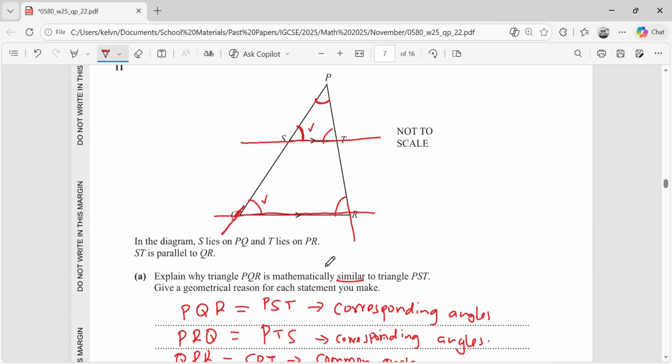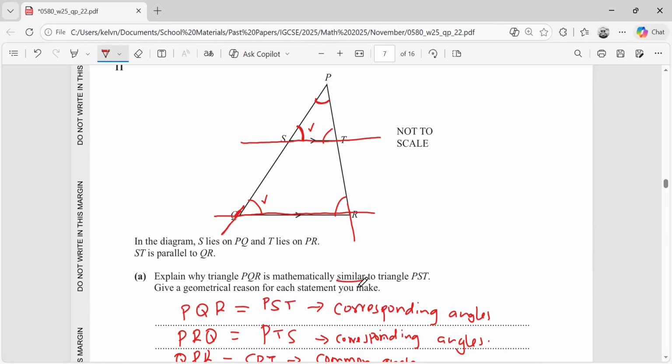And remember in mathematics, similar doesn't really mean identical. Identical, we usually use the word congruent. Similar basically means they have properties that are the same, like the angles, which are equal to each other, especially the corresponding angles. And usually for similarity, we have the idea of scale factors.